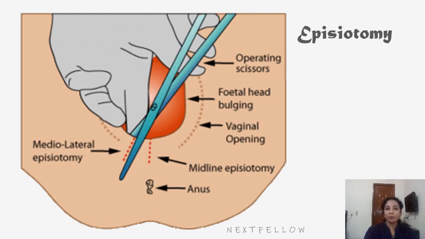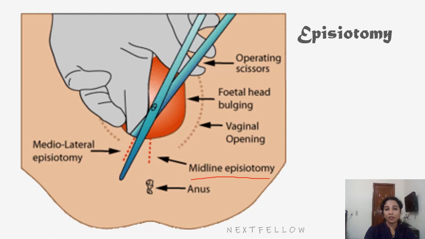One is the median episiotomy. So the median episiotomy is the midline episiotomy, which is shown here. It starts from the frenulum of the labia minora and proceeds directly downwards, cutting through the skin of the vaginal wall, and it cuts the perineal body and superficial transverse perineal muscles.